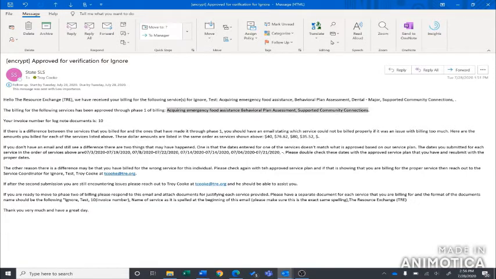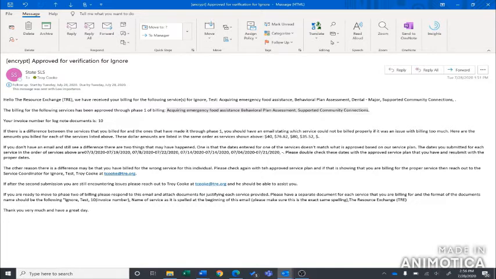After it says service has been approved through phase 1 of billing, these are the services that you've been approved to move on to phase 2 for. As you can see, there's dental major up here, but there isn't down here because of that other email we received. That other email notes that the billing for that service has stopped.